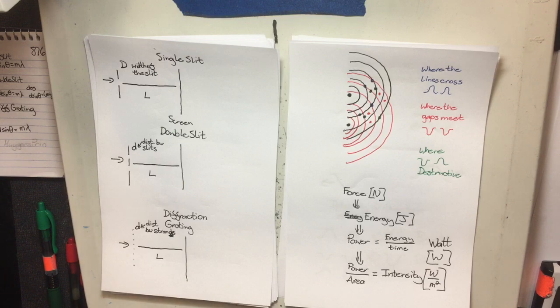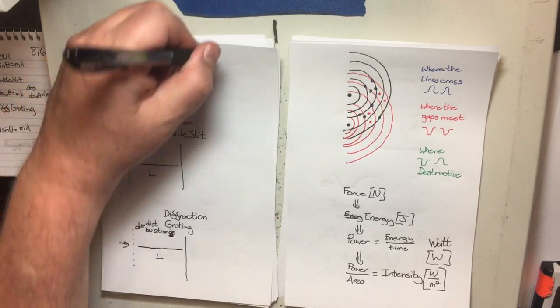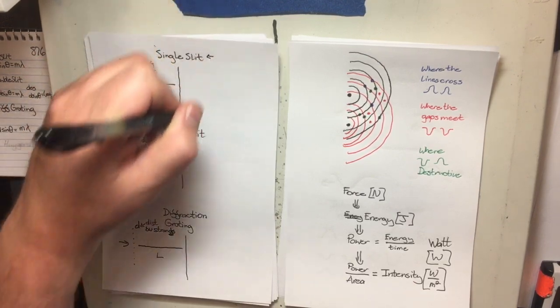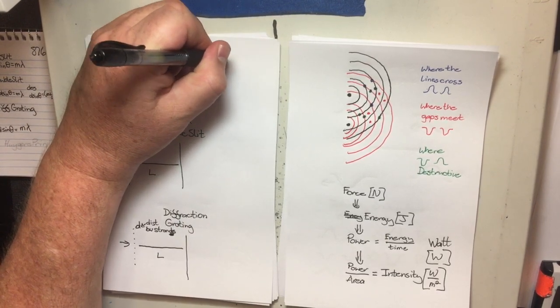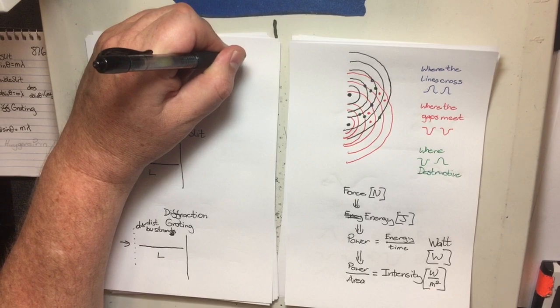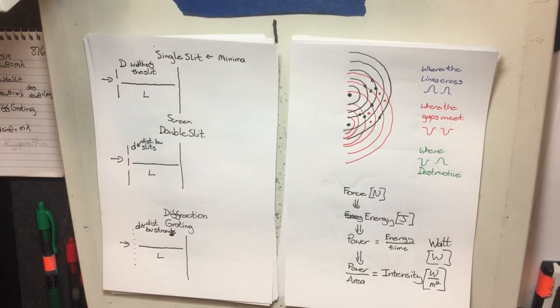In all of these situations, constructive and destructive interference occurs. Now there is a theoretical explanation as to why these equations do what they do. I'm not going to go into the details about it, but what I will say is that the single slit is interested in minima only.